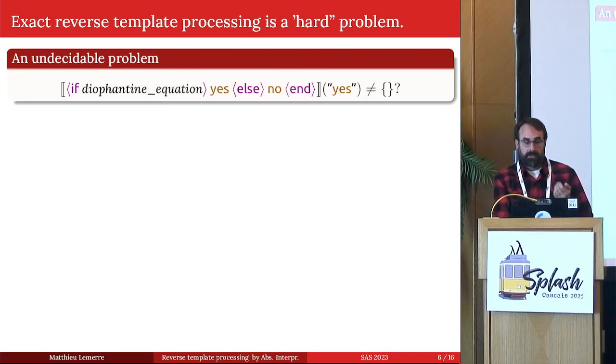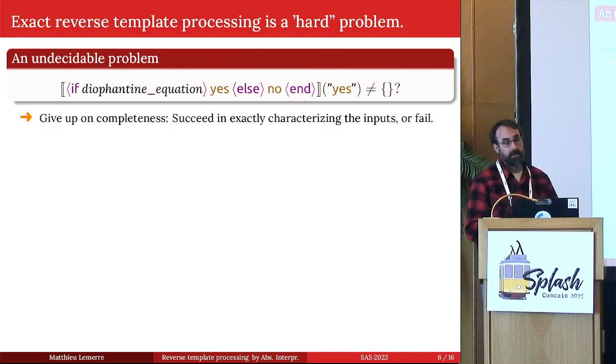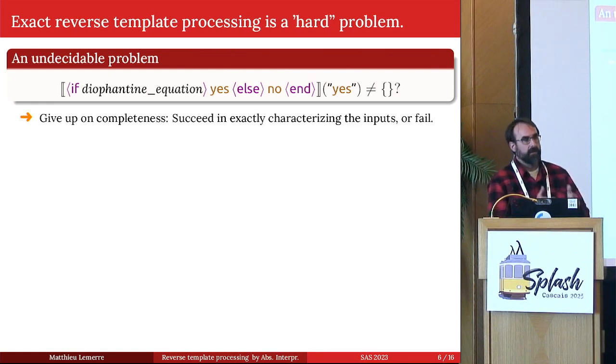So this makes reverse template processing an undecidable problem. So the solution for this, when we have an SCDA problem, is to be sound but not complete. We give up on completeness, and so either we succeed in characterizing all the possible inputs, or we fail in doing so, and we report that we failed.